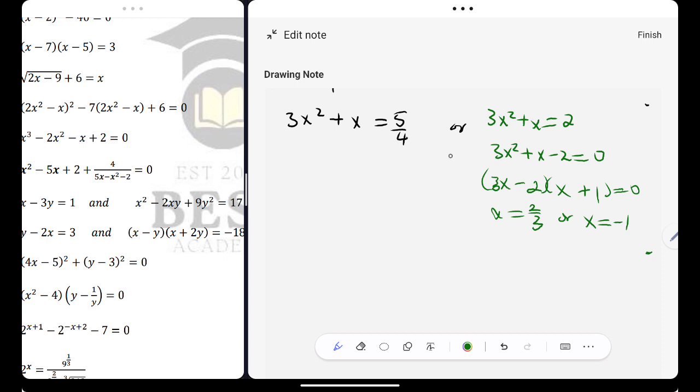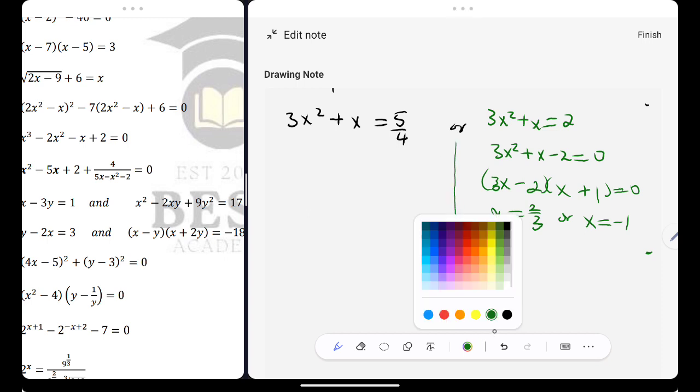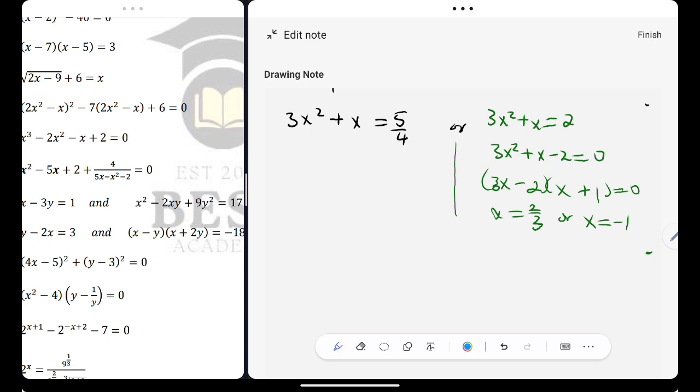And then in this case, the first thing I must do, I must multiply everything by the LCD. Means I'll have 12x squared plus 4x is equal to 5. 12x squared plus 4x minus 5 is equal to 0.